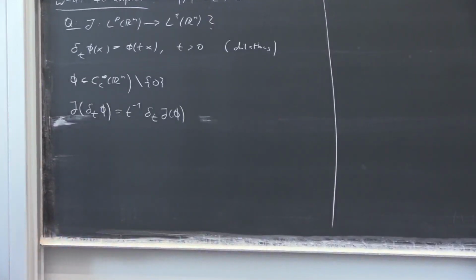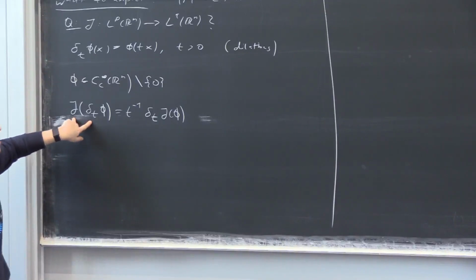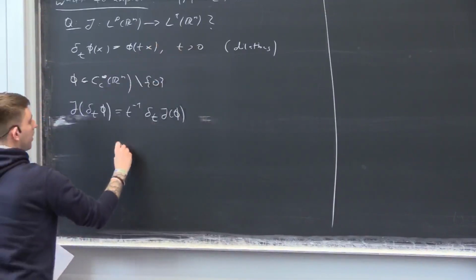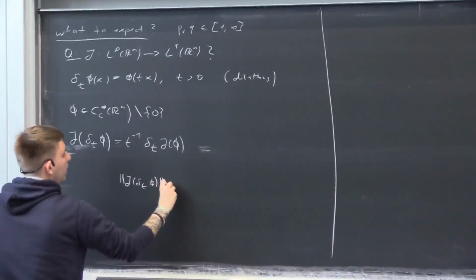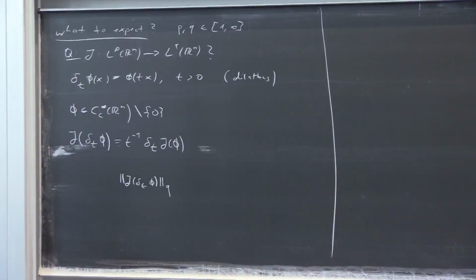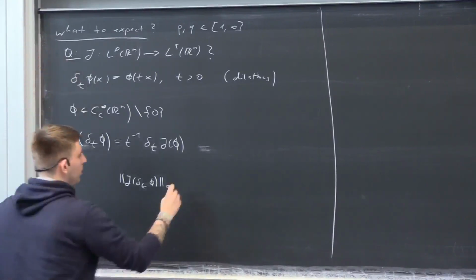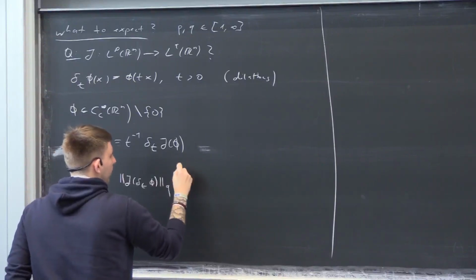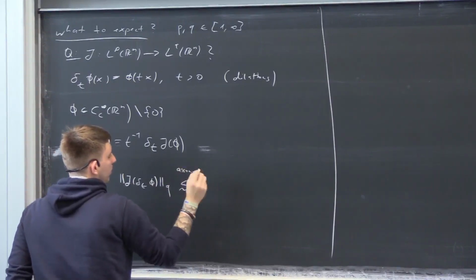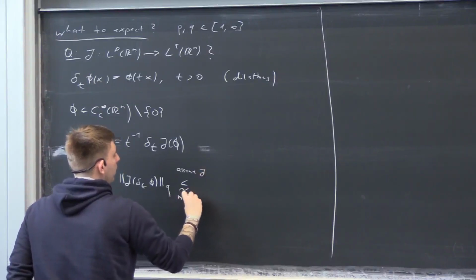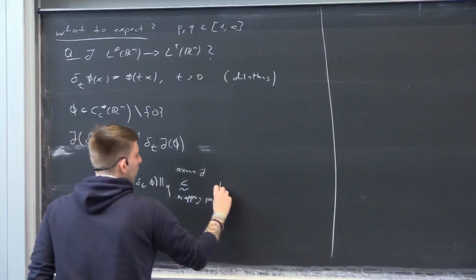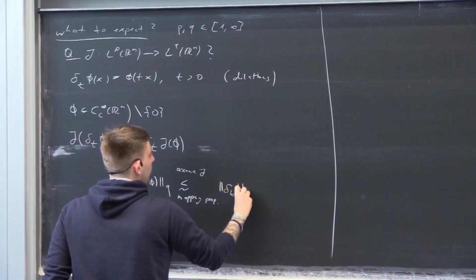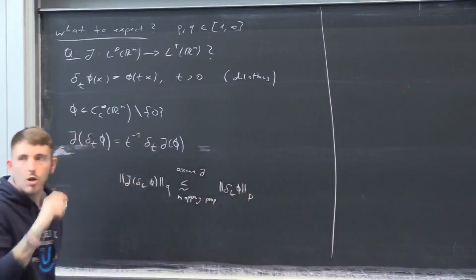Okay, and now we want to plug this quantity into an L^q norm. So let's do it. Right here, J delta_t phi in L^q norm. And if I assume the J mapping property, it will give me a bound against delta_t of phi in L^p norm.